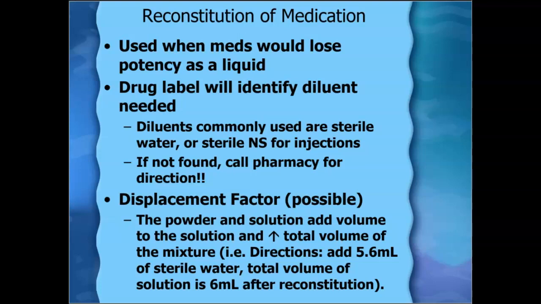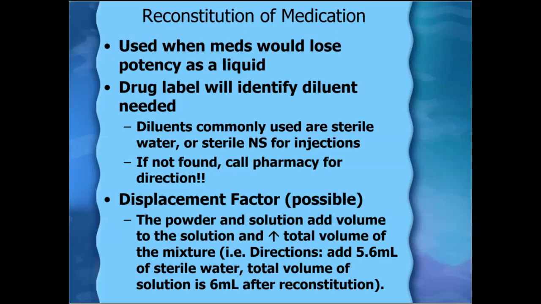So after adding the diluent, the amount of drug is increased because the powder drug occupies space, right? For example, you may add 2.6 mLs of diluent, but you only have a drug yield of 3 mLs in liquid form, okay? That's called the displacement factor.